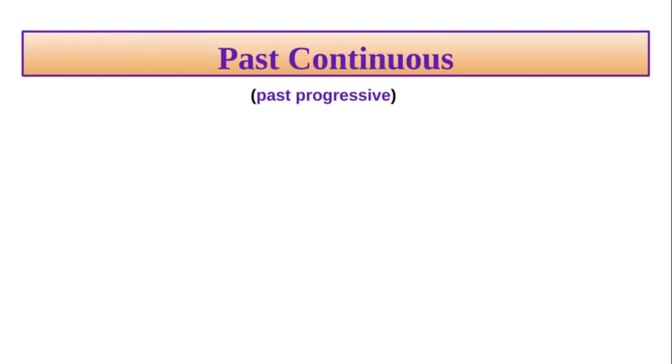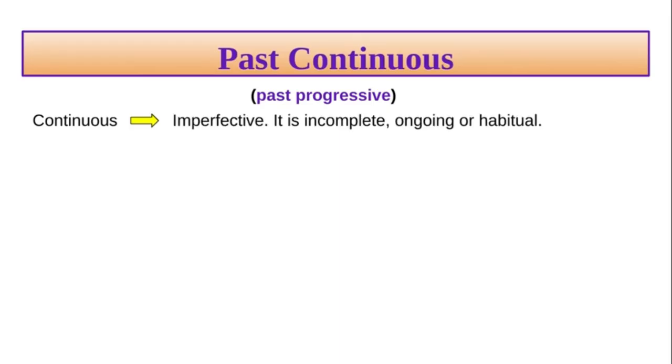The past continuous aspect, also called past progressive. Okay, the continuous aspect is imperfective. It is incomplete, ongoing, or habitual. The past continuous is an action, and the key word is past, okay?